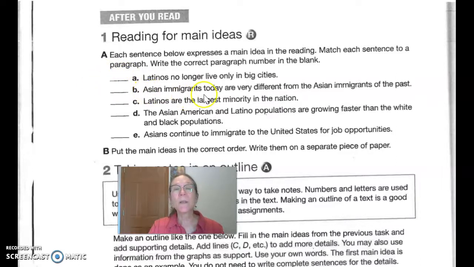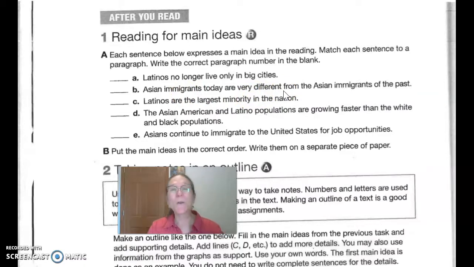For B, Asian immigrants today are very different from the Asian immigrants of the past. You did that for homework on page 86. You highlighted and marked paragraphs 4 and 5. Which one of the two talks about how different the Asians are who immigrate today?